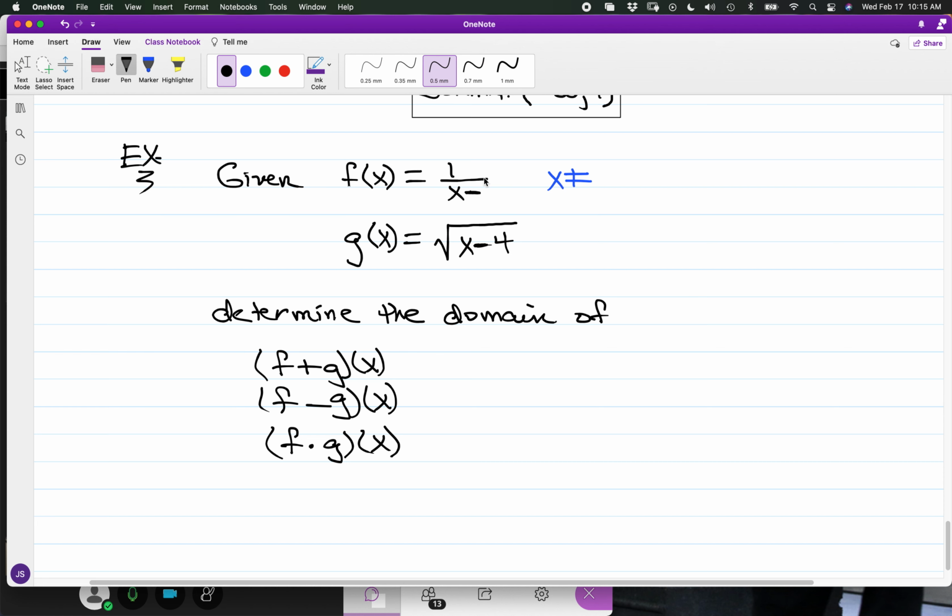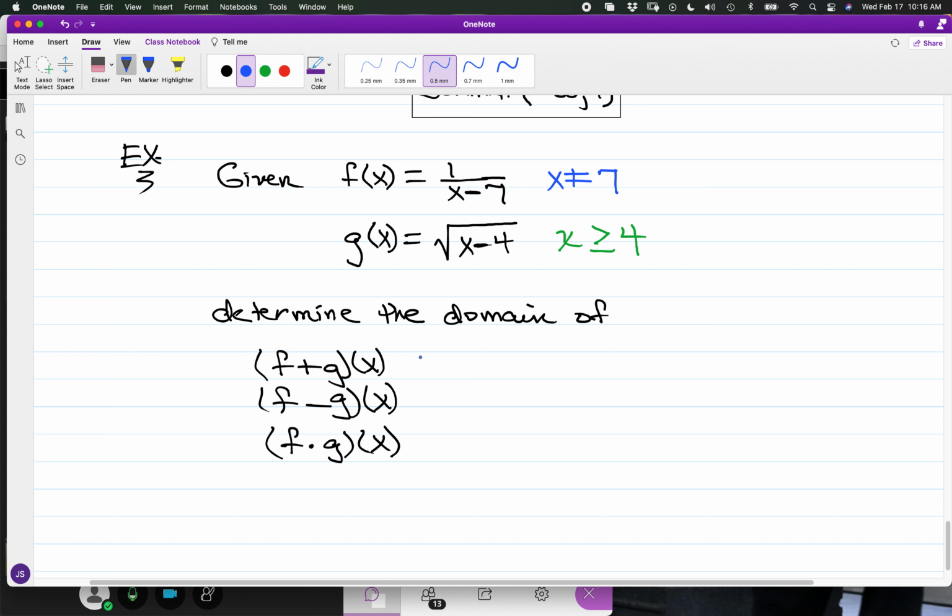Let's say I have 1 over x minus 7. So you have x cannot be equal to 7. Now as for g of x, the restriction on this one: again, x minus 4 cannot be negative. So if you think of x minus 4 as greater than or equal to 0, then x is greater than or equal to 4.